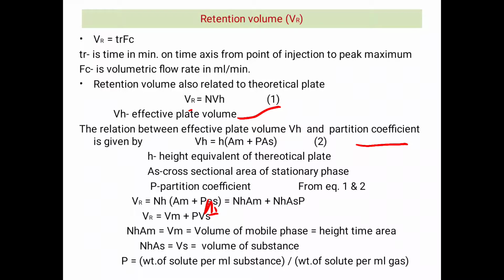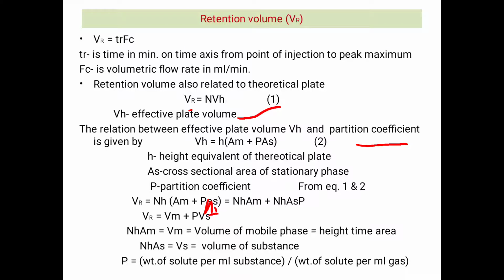VR is equal to N H, solving the bracket, N H into AM plus N H AS P. So VR is equal to N H AM, which is nothing but VM, and N H AS, which is nothing but VS. That is the volume of the mobile phase and the volume of the stationary phase, that is VS. Now N H AS is equal to VS, the volume of the stationary phase, and N H AM is the volume of the mobile phase, which is equal to height times area.